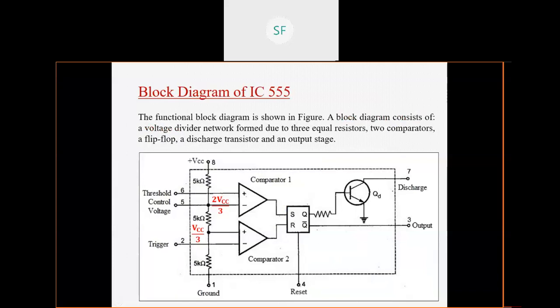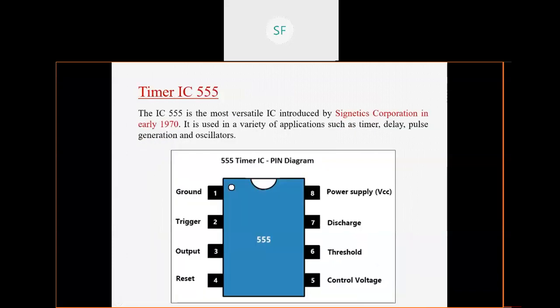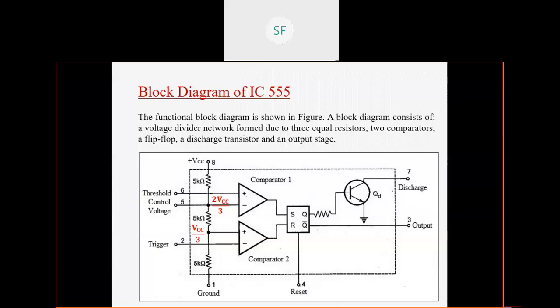So now this is a very important topic, that is the block diagram of IC 555. From the external appearance your IC will be like this, but its internal structure is very important. This is the internal circuit diagram of your IC, also called the functional block diagram of IC 555. We will discuss this particular slide for 5 to 10 minutes because it is very important.